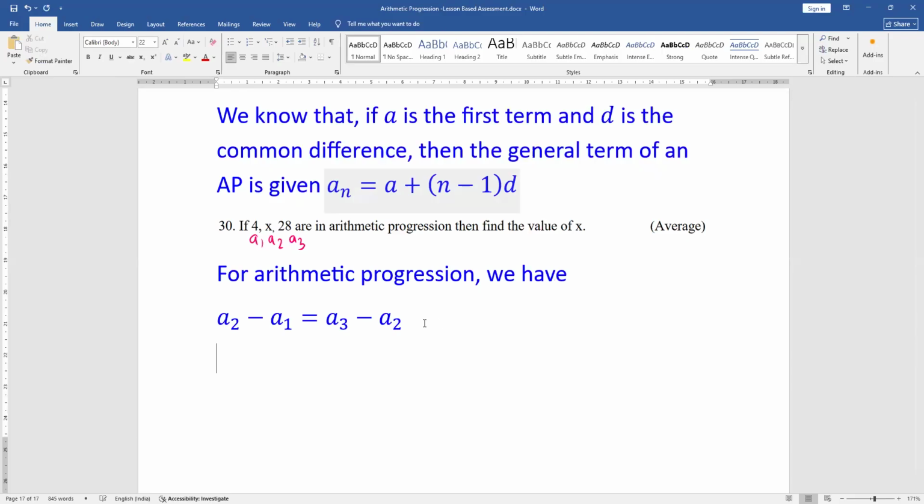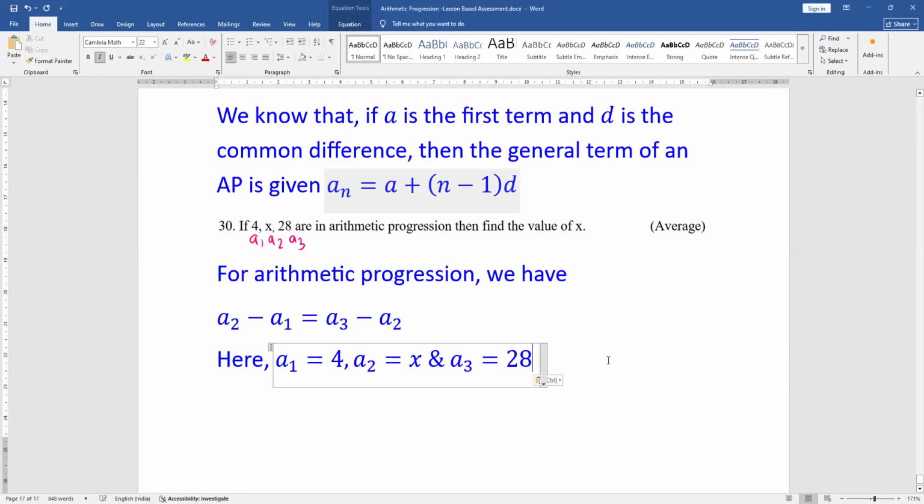Now what is A1 equals to? A1 equals 4. Next, what is A2? A2 is x. Correct? Then the third term is given. A3 is given as 28, right, 28.